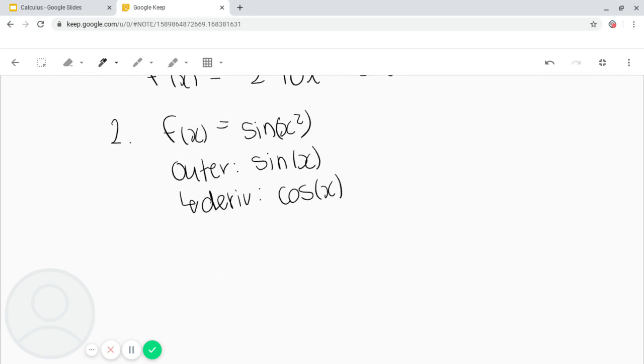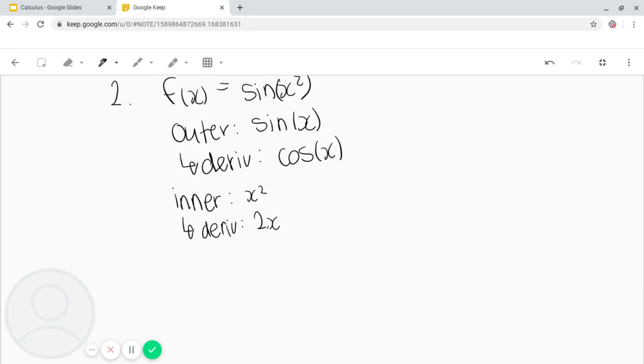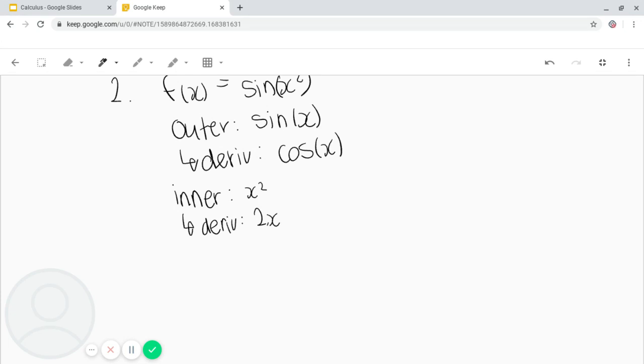And the inner function is just x squared. The derivative is 2x. So then all we have to do is use that formula again.